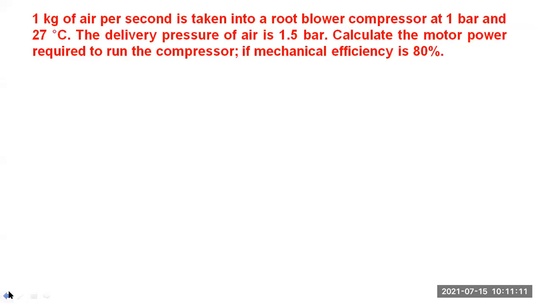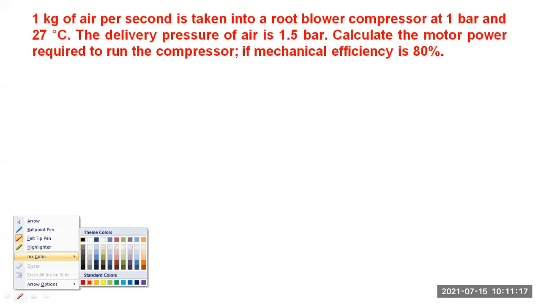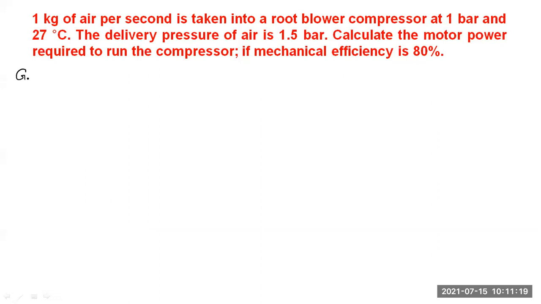Here I have copy-pasted the same question. Now we are going to solve this. First we will write down the given data. What are the things given? 1 kg of air per second. This is the mass flow rate of air, already given per second.